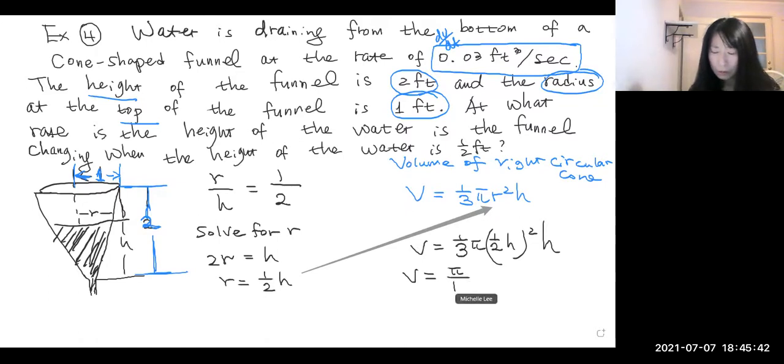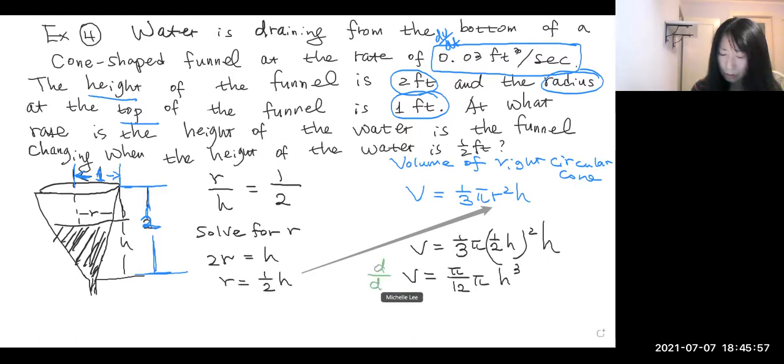So it's pi over 12 H cubed. Okay, now we're gonna take the derivative. So we do the derivative with respect to t.